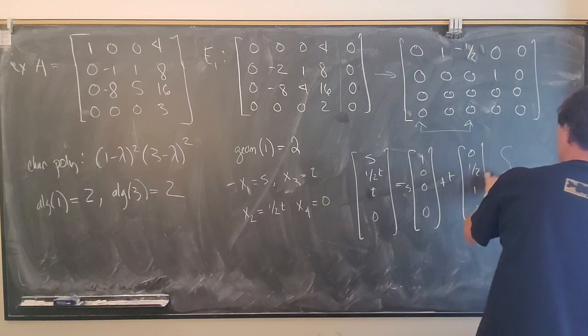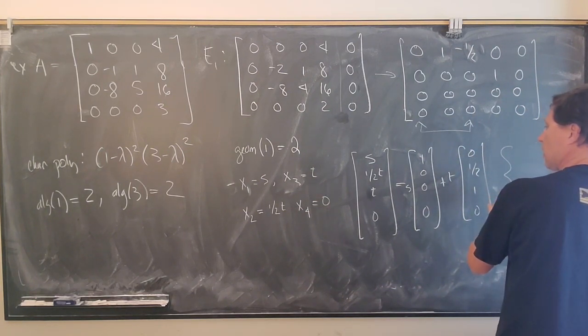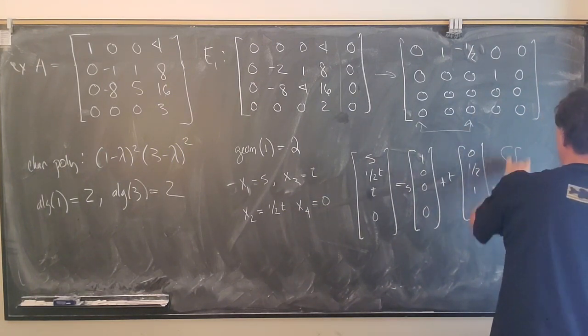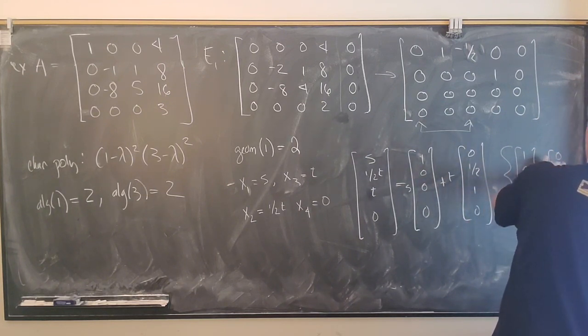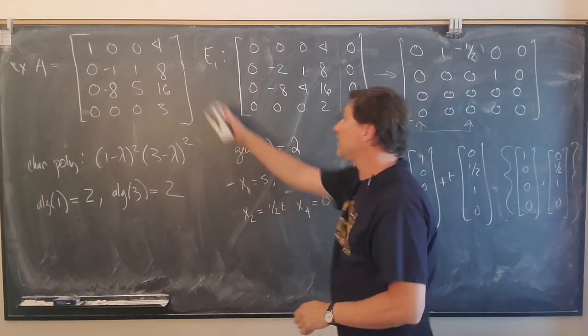I just don't have enough room here. So my basis is 1, 0, 0, 0, and 0, 1/2, 1, 0. Okay, so there's the basis for the eigenspace E sub 1.